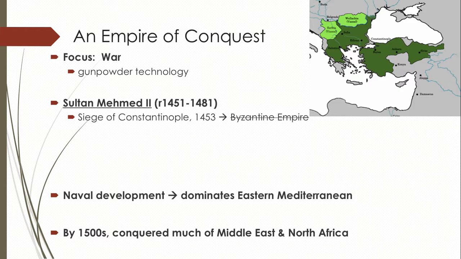And under Mehmed's leadership, the Ottoman Turk armies march into Constantinople and declare it the new key city for this expanding Ottoman Empire. So with 1453, end of Constantinople, there is no more Byzantine Empire, a critical change in terms of state organization and leadership in this part of the world.